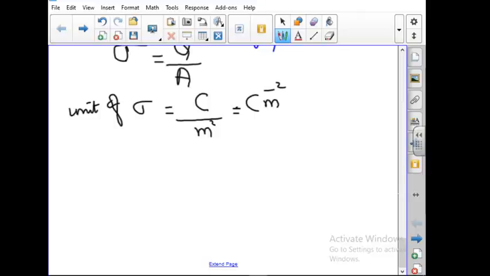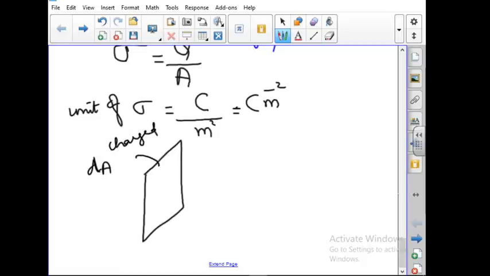Now consider a very small area, called an infinitesimal area, dA, on a charged sheet. This is a charged sheet and we are taking a very small area. This small area is represented as dA.